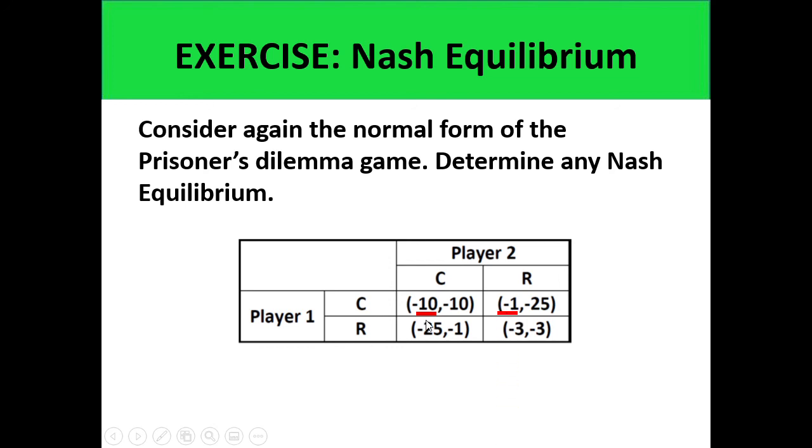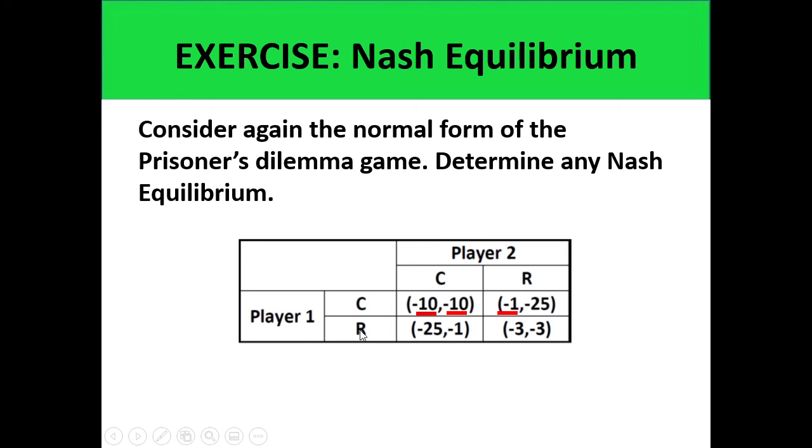Now we are done analyzing the responses of player 1. This time, let's analyze the responses of player 2. If player 1 decides to confess, then the column player will either get negative 10 or negative 25. Between these two, the better response is negative 10. So we underline negative 10.